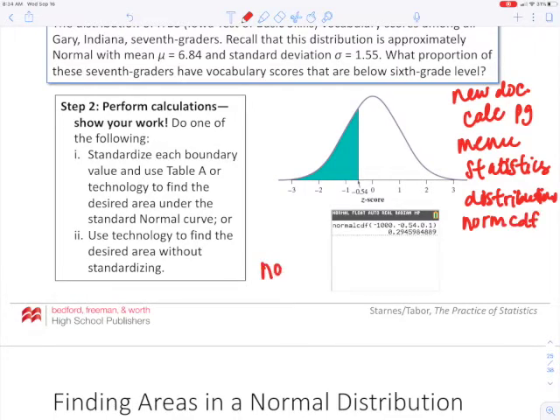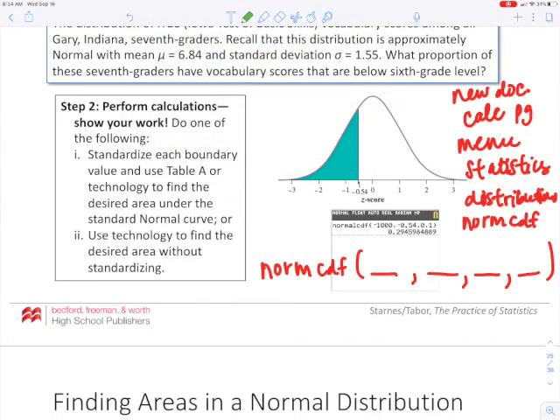So when you find norm CDF, it opens up a parentheses and we have to put in 3 values. We are looking for everything below the negative 0.54. I'm sorry, there's actually 4 blanks to fill in.